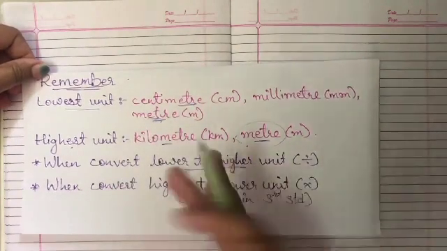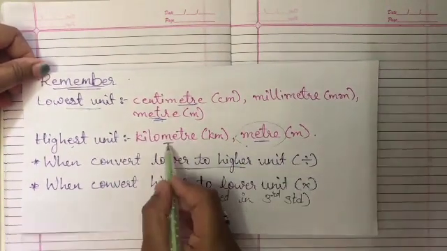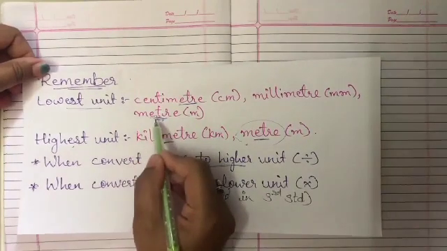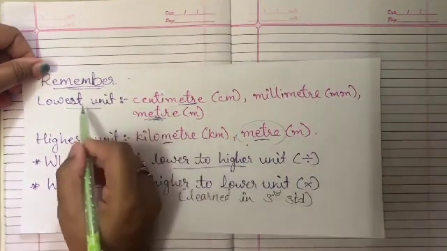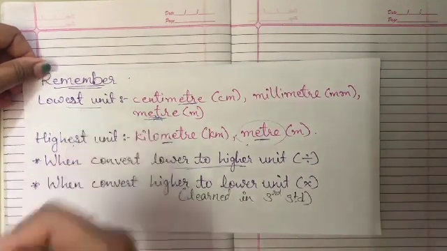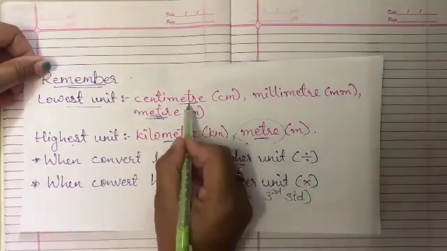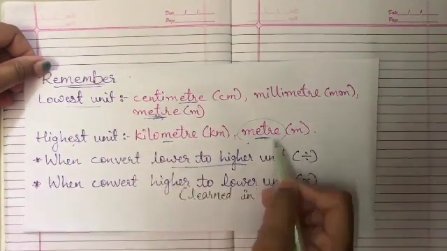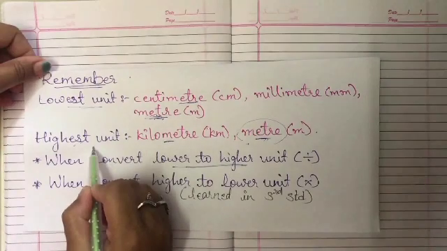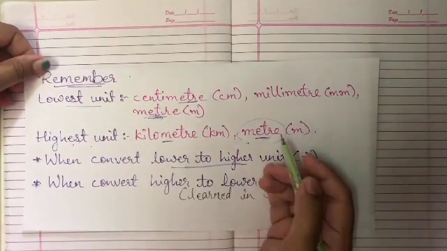Is this clear? Again, let me repeat that when we convert kilometer into meter, meter will be the lowest one, and when we convert meter into centimeter, meter will be highest.